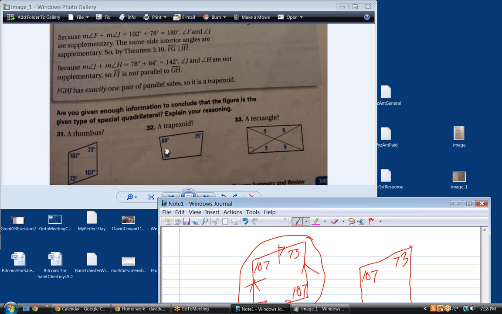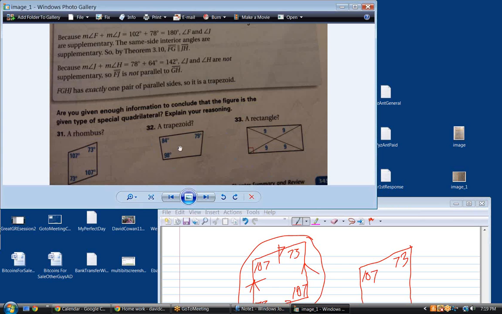One of these pairs would have to be supplementary, either this one or this one, and if it was, it would be a trapezoid. But it really could be either one, even though from the drawing it looks like if anything's parallel, it's that side and that side, and it's not going to be that side and that side.